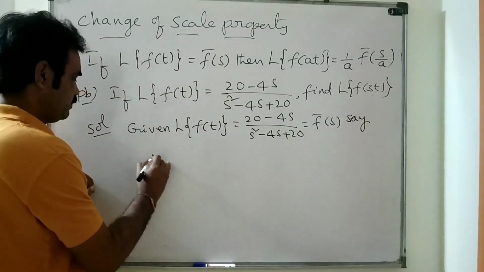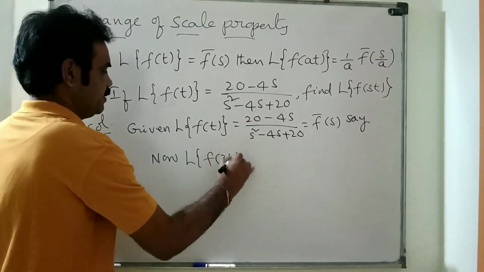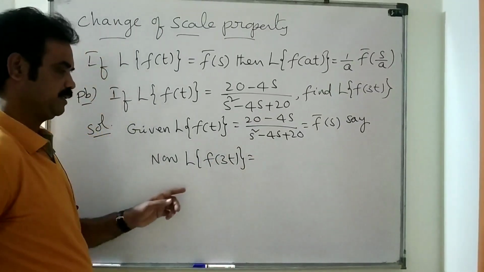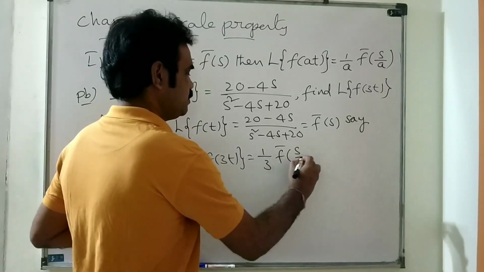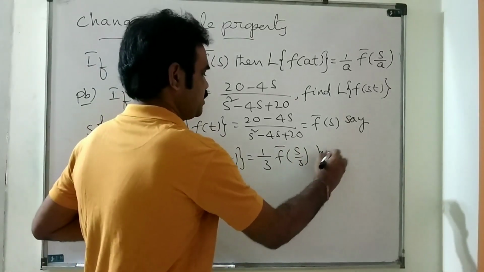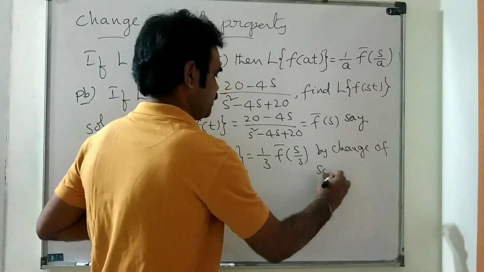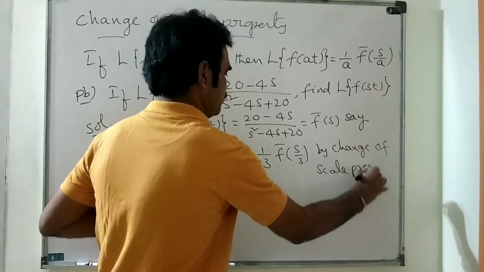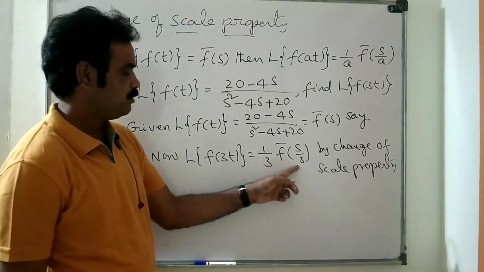So now L of f of 3t by change of scale property is 1 by 3 f bar s by 3.